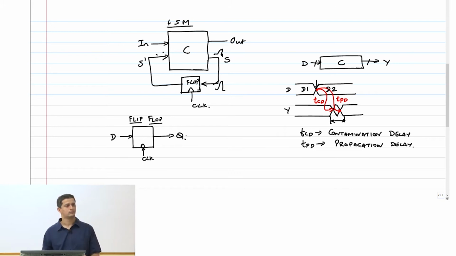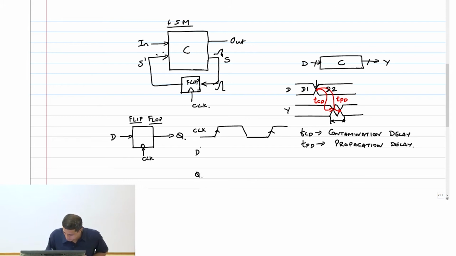D and Q. So what am I going to do? I have this clock that's essentially changing like this. This is clock, D and Q. So let's assume by default a flip-flop is always a positive edge triggered flip-flop.